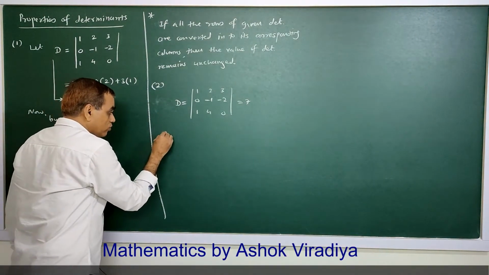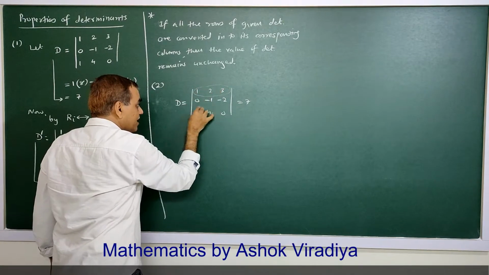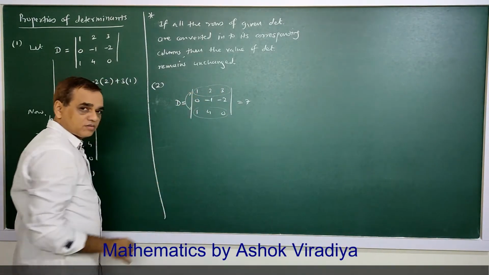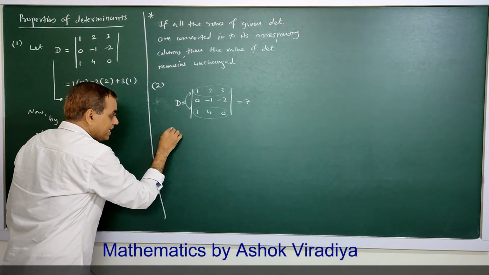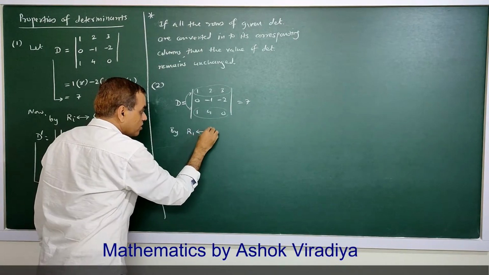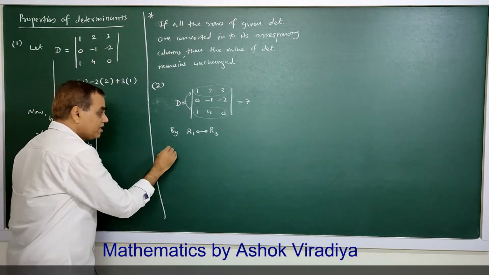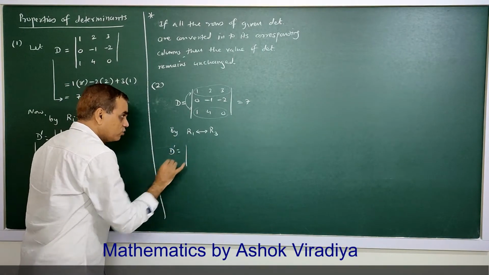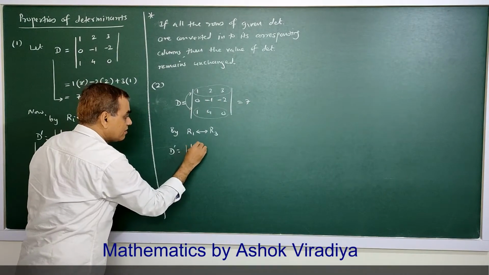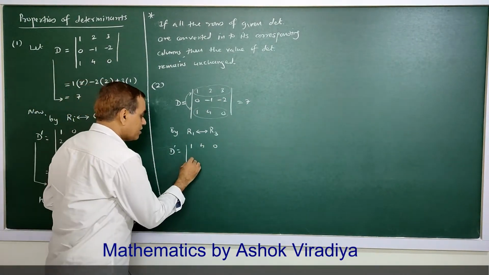Now any two rows, suppose I am interchanging first and third row among themselves. So new determinant D dash is equal to, in first place third row comes and in third place first row comes.